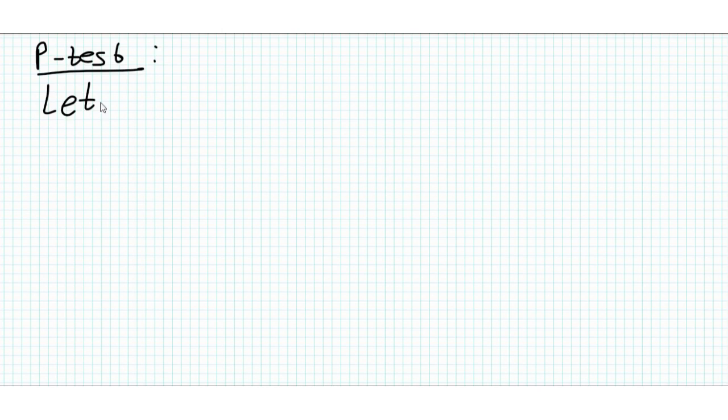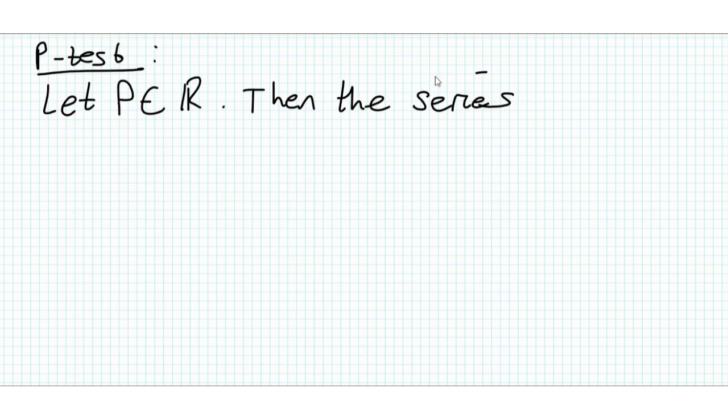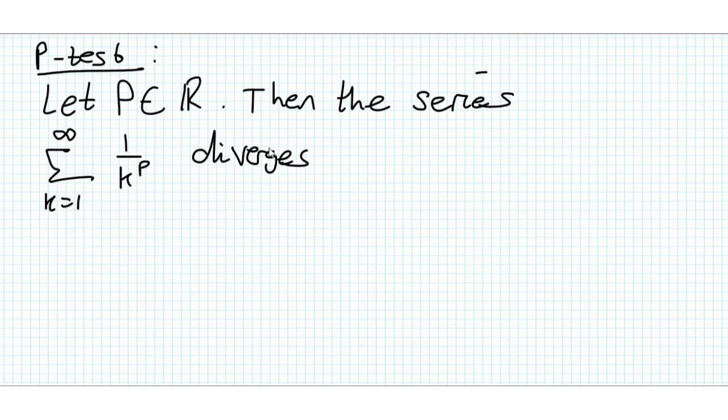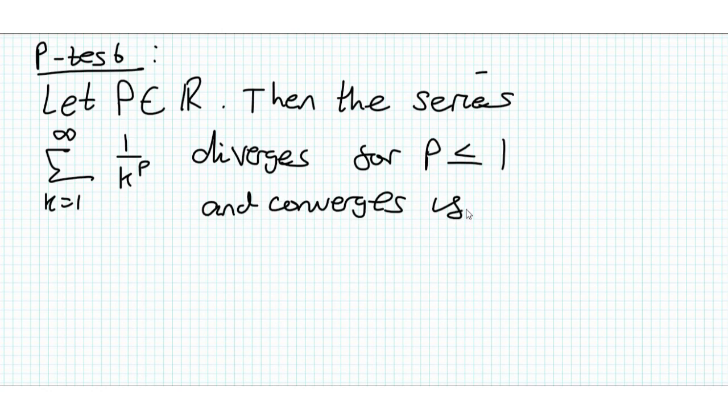So I want to let p be a real number, then the series from k equal to 1 to infinity of 1 over k to the p diverges for p less than or equal to 1 and converges if p is greater than 1.